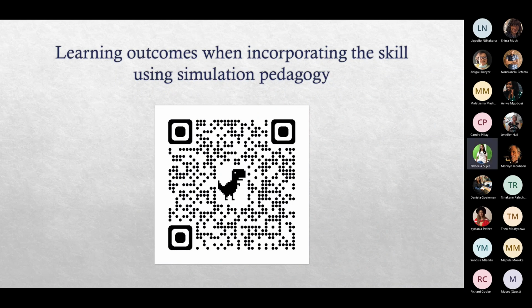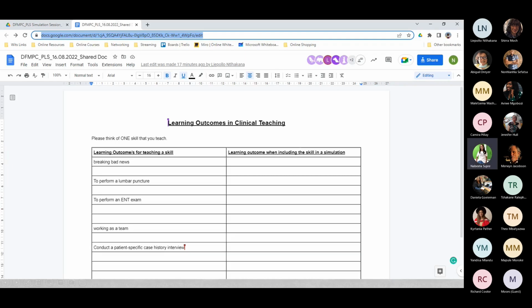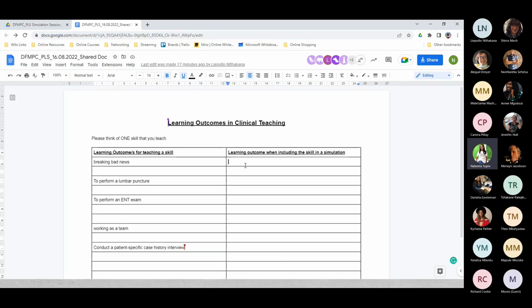Okay, so what we're going to do now is we've written the learning outcome for a skill that you have done. What I'd like you to do now is take that same skill and write the learning outcome for the simulation of that skill.